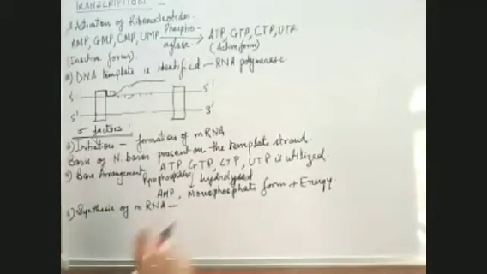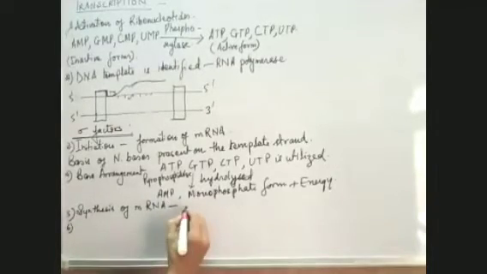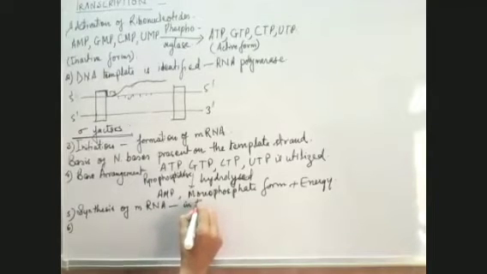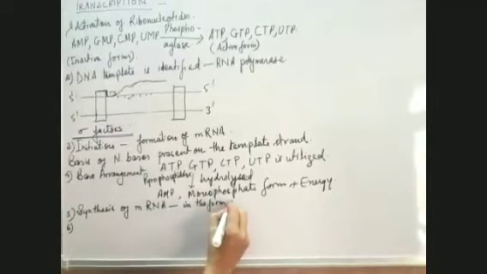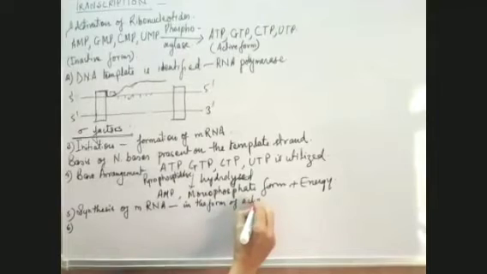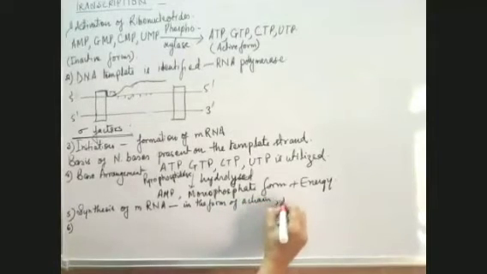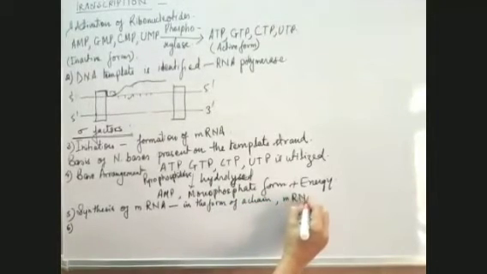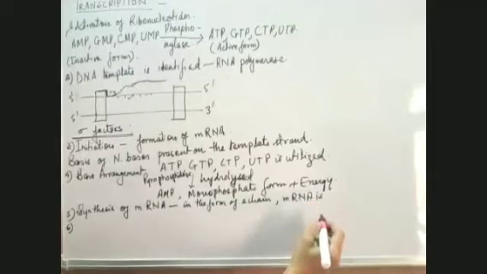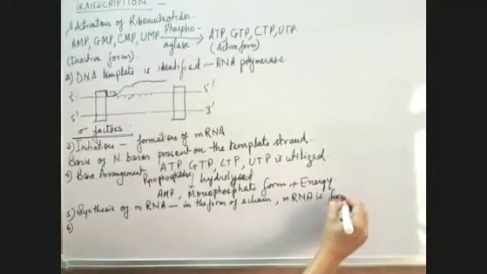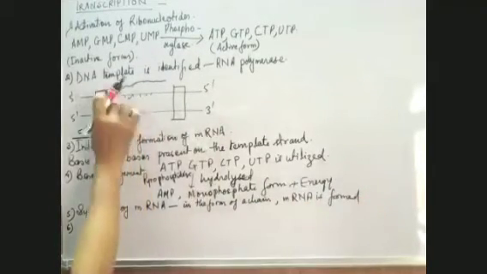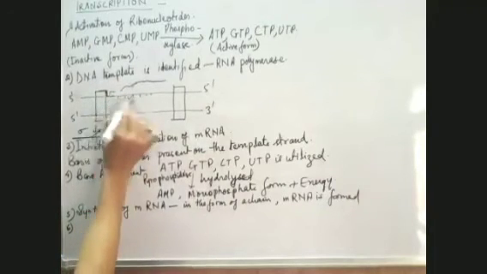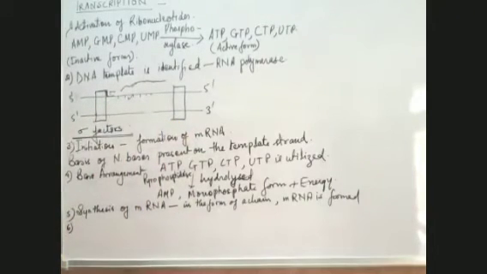When complete messenger RNA is formed, then what will happen? This is in the form of a chain. Messenger RNA is formed, and this is the messenger RNA which is formed on the basis of the bases which are present here. So this is formed and finally chain separation takes place.